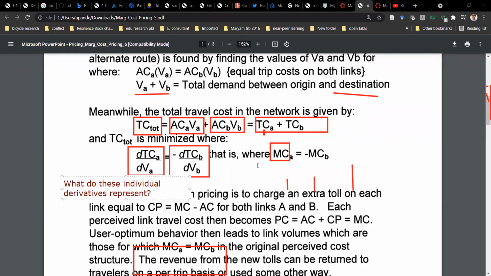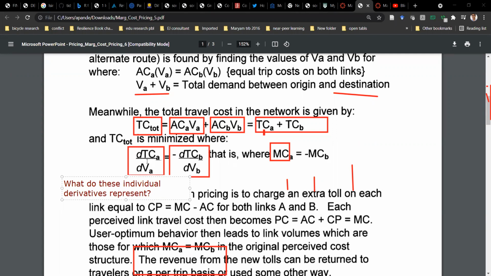So some good responses there. I got 3 of them correctly. These individual derivatives with respect to the volume being used on each route, or volume being pushed on each route, they represent the marginal cost, right?